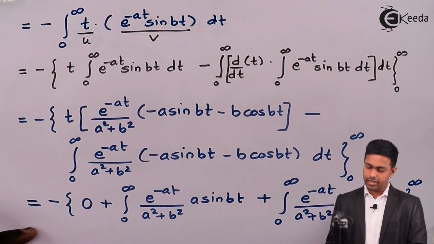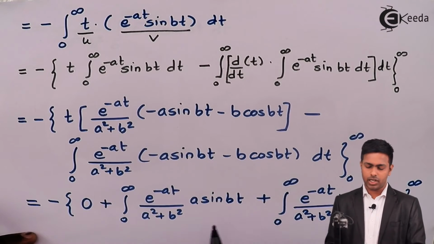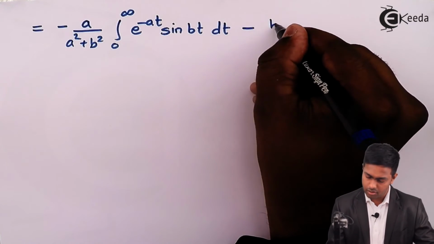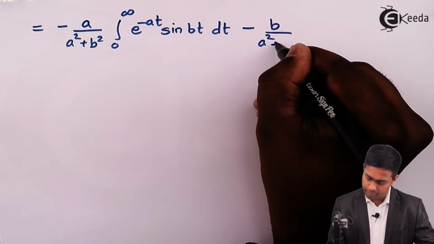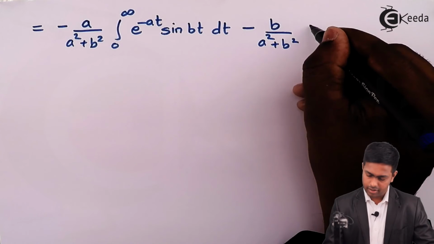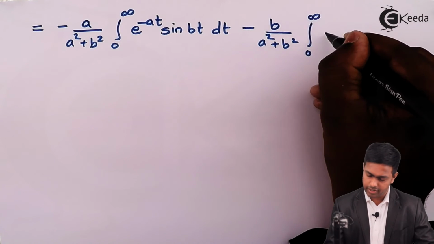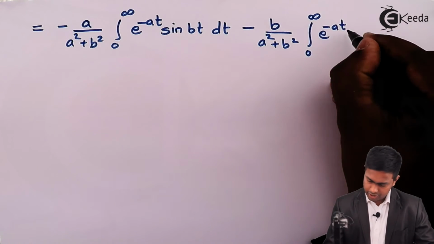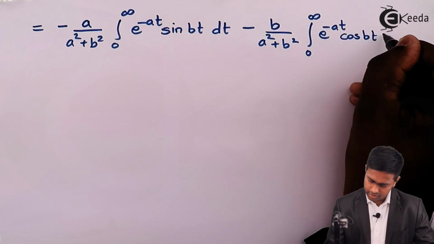Similarly here I can take b and a square plus b square outside, and minus plus will become minus, so minus b upon a square plus b square, integration 0 to infinity e raised to minus at into cos bt dt.